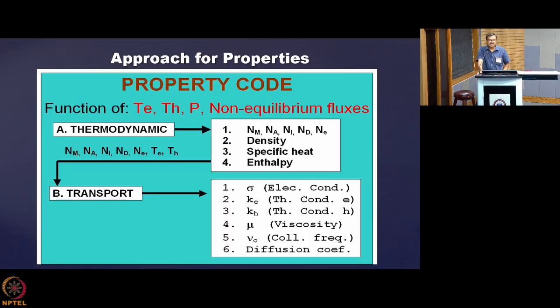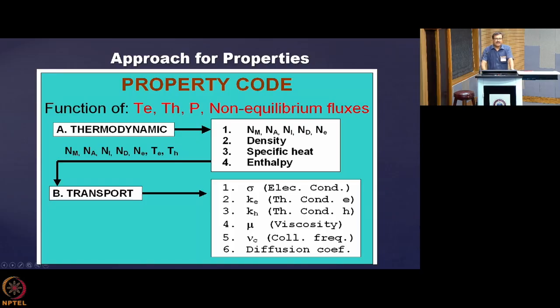In your previous class, we were talking about the properties of this plasma, thermodynamic and transport properties both, and we knew how to calculate them. We started with the thermodynamic properties, and there we got the number densities, specific heat, physical density, enthalpy.